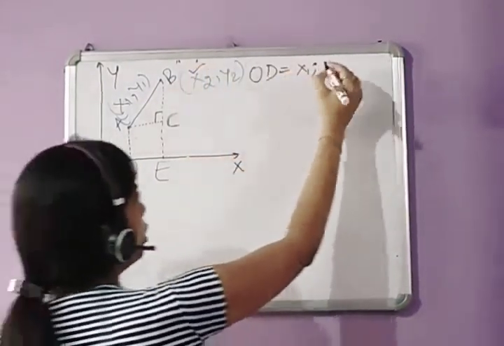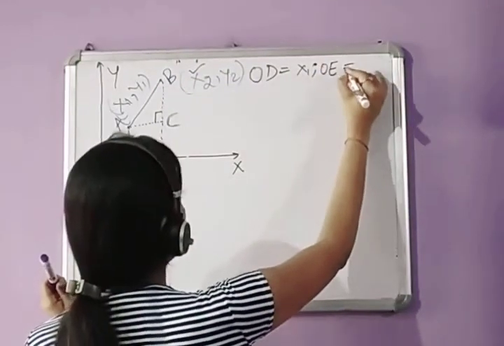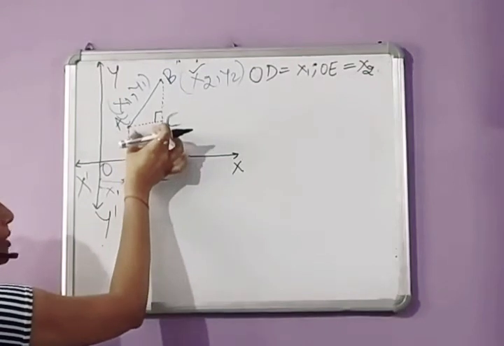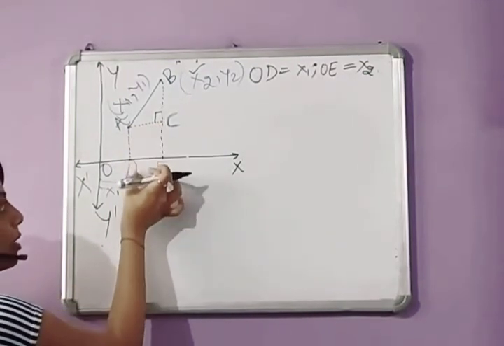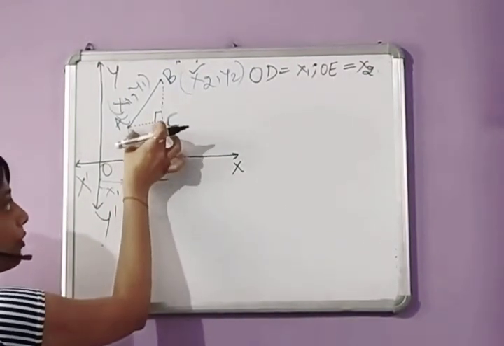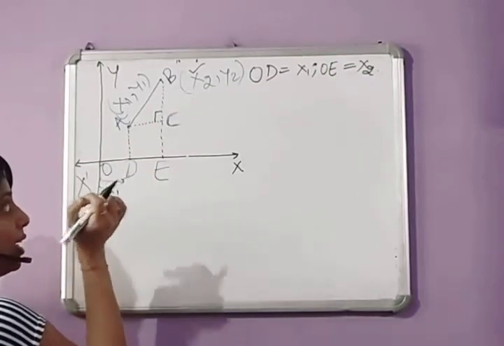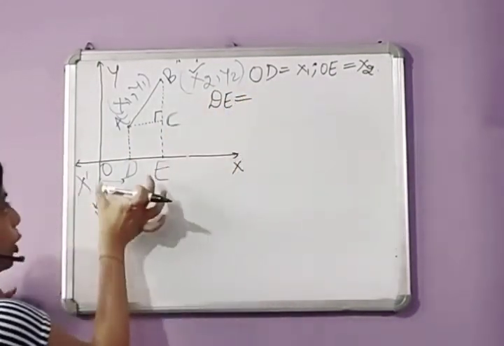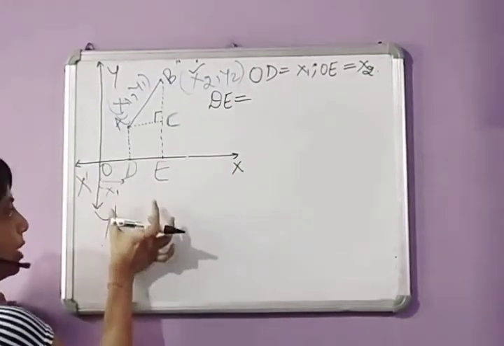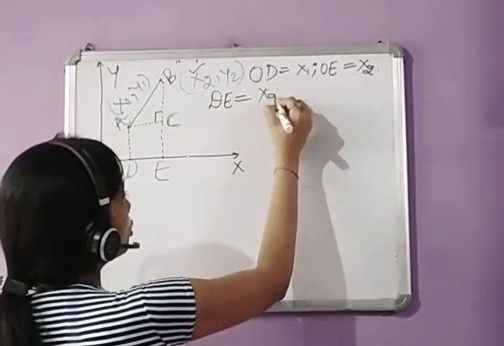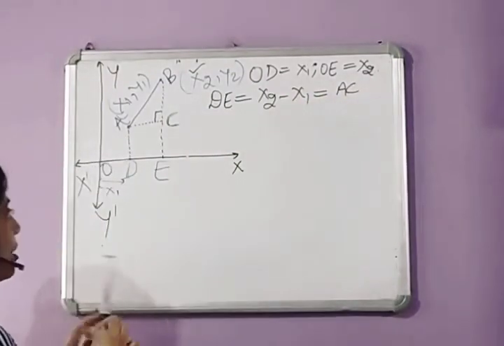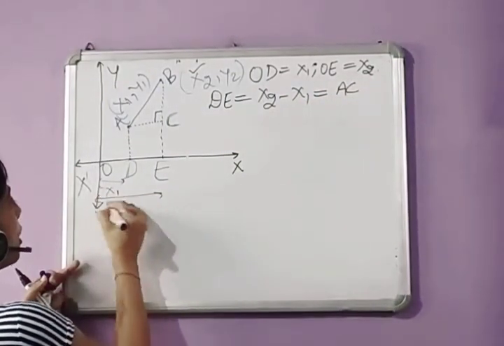This is my x2, so OE will become x2. Now calculate AC, which is parallel to DC, and the distance AC will be equal to DE. So what will be my DE? DE will be equal to OE minus OD. It means x2 minus x1, which is equal to AC.